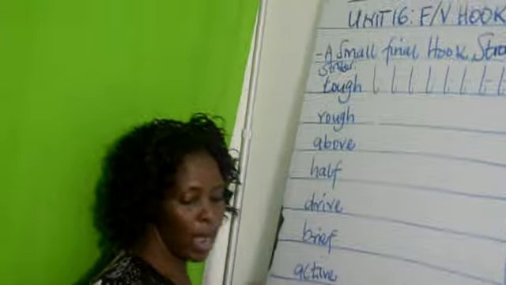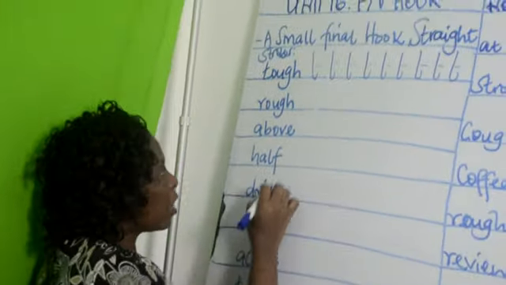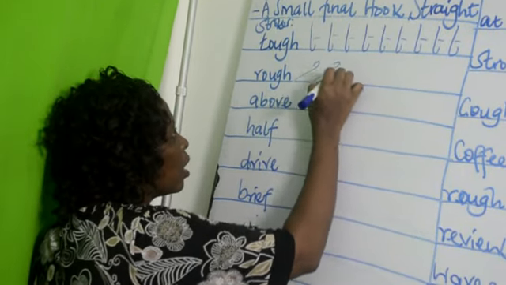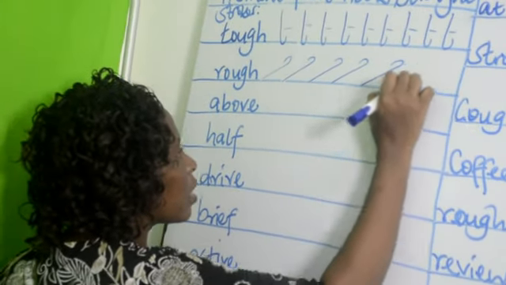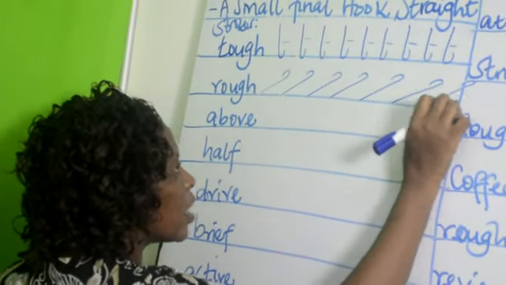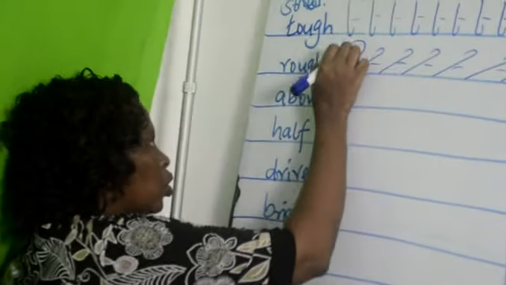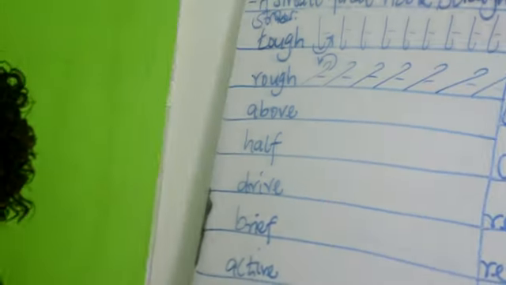Then we have the word rough. Pronounce it rough. Rough is an upward R and then hooked for F on the line. We are drilling it still on the line because of short R. This is the direction of drilling, the anti-clockwise motion.